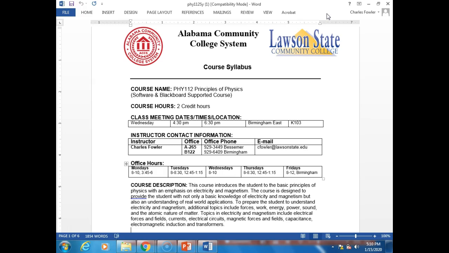Now, topics in electricity and magnetism include electrical forces and fields. So chapter 17 is basic electricity, and we'll start with 17.3, which is Coulomb's law, which is electric forces. 17.4, electric fields. Okay, let me move on. Electric forces and field, currents.